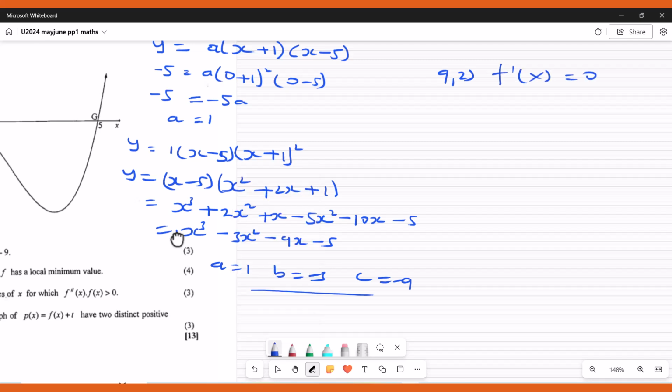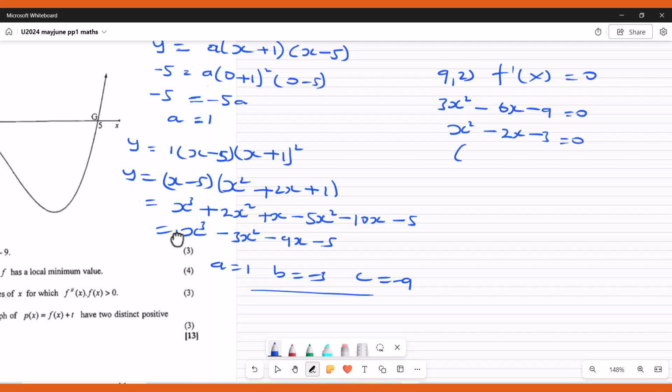So differentiating, I get 3x squared, then minus 6x, and then minus 9 equals 0 for the turning point. So divide through by 3. I'm left with x squared minus 2x minus 3 equals 0.